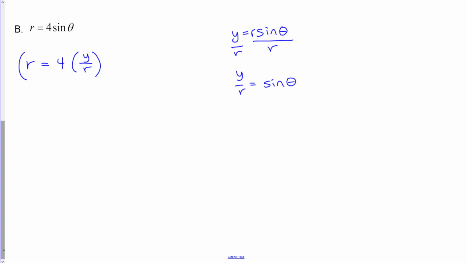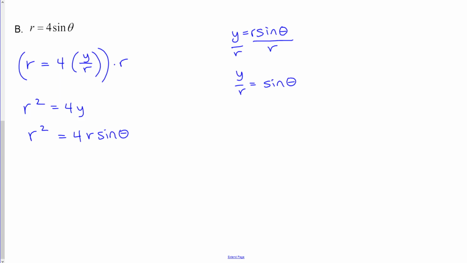And actually, if I multiply both sides by r at this point, the r over here cancels, so I have r squared equals 4y, or r squared equals 4 times y is r sine theta. And now that I think about it, I didn't really need to change the y into r sine theta because I want it to be y in the end.